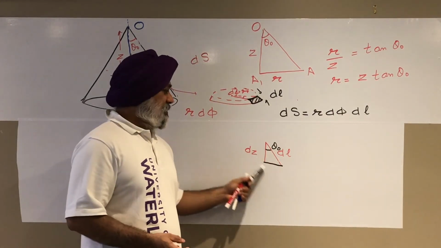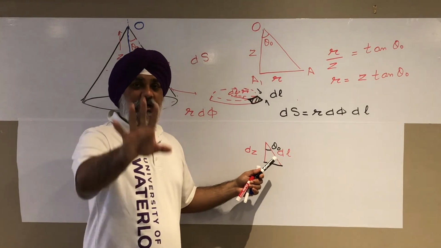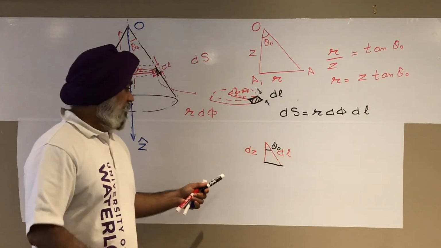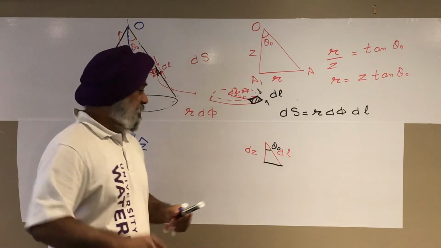I can use this right angle triangle. I wasn't kidding when I told you that right angle triangles are going to be your best help whenever you do vector calculus.